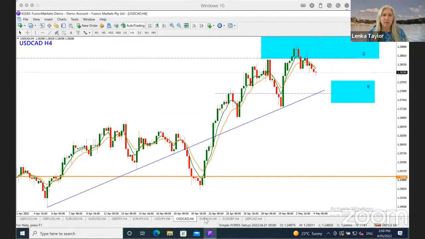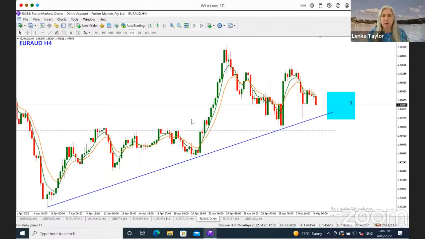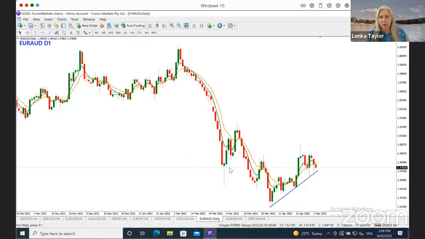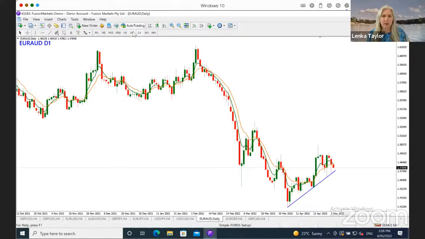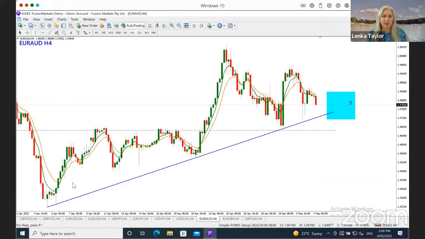Our next currency pair I'm looking at is EUR AUD. And EUR AUD, I am looking for long. So we do have that price action going up. On the 4 hourly, we have the higher highs and higher lows.